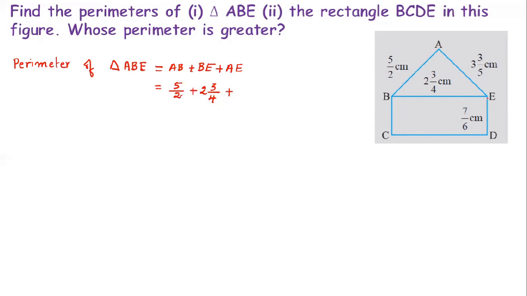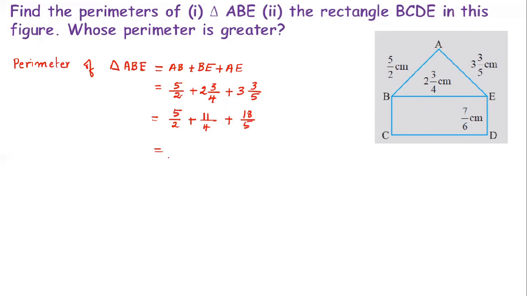What is the length of AE? 3 3/5 centimeter. Here there are mixed fractions, so convert into improper. 4 2s are 8, 8 plus 3 is 11/4. 5 3s are 15 plus 3 is 18/5.